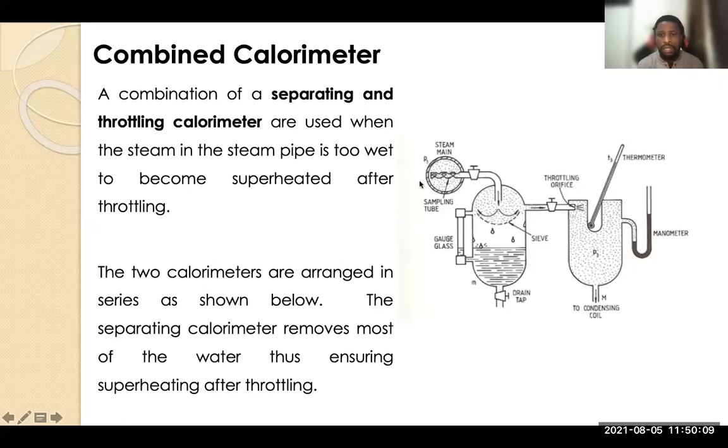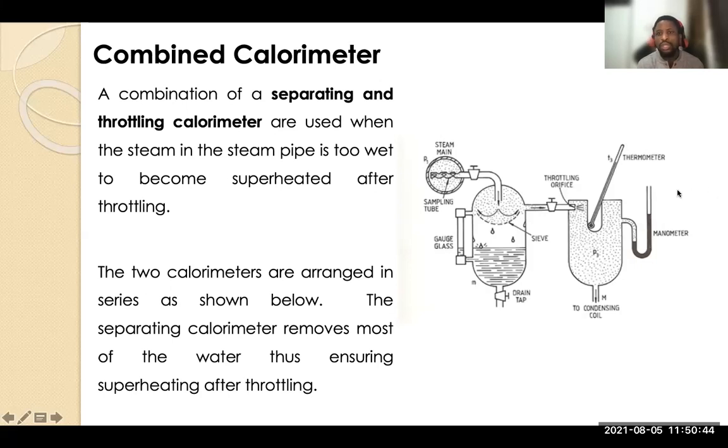The sample comes in from the steam engine, from the boiler, and goes through. The two calorimeters are arranged in series, so it first goes through the separating calorimeter. The steam coming from here will be partially dry. The steam coming through here is wet, partially dry.